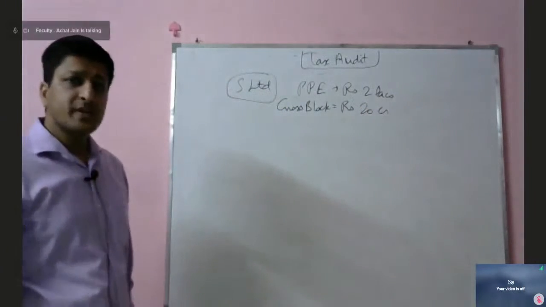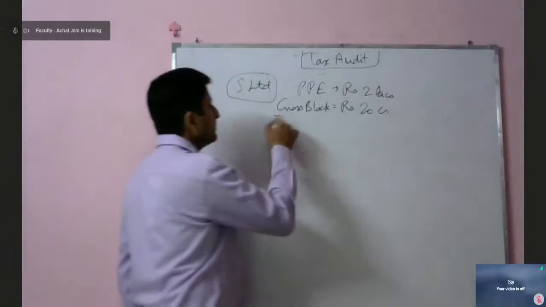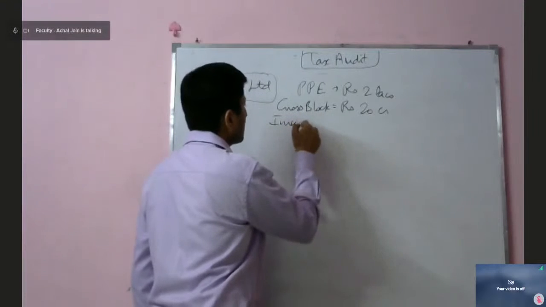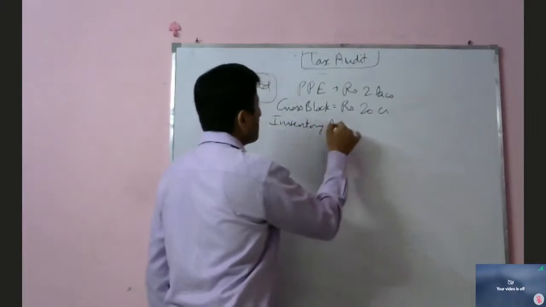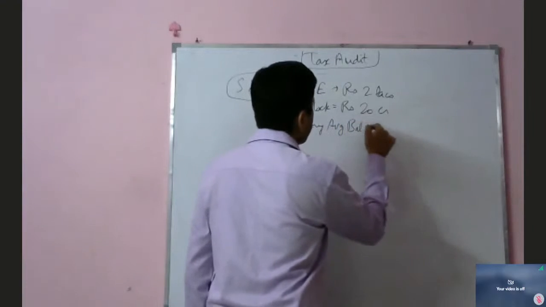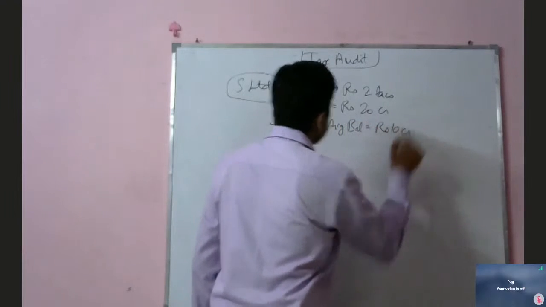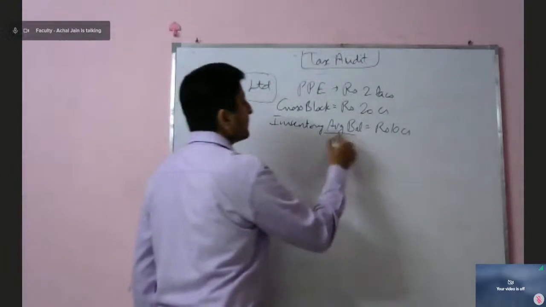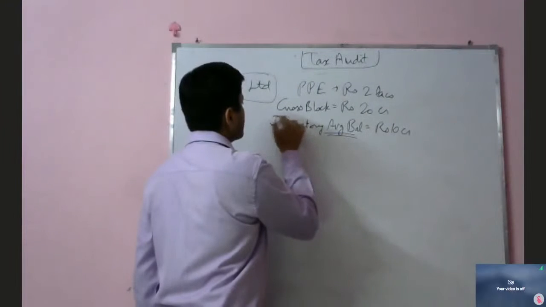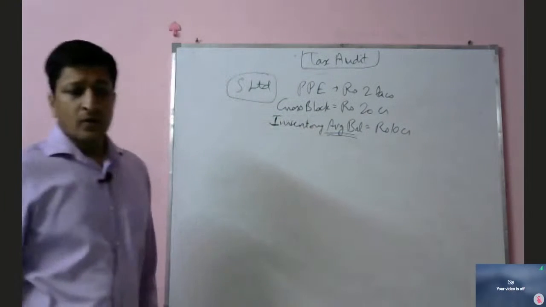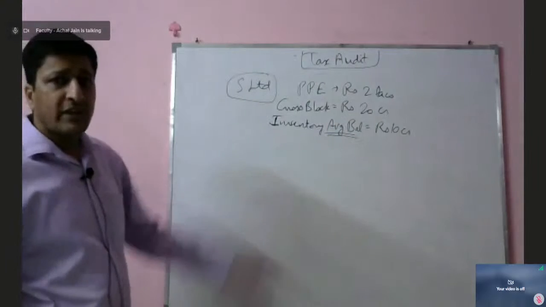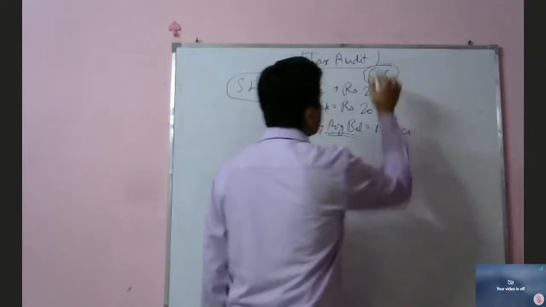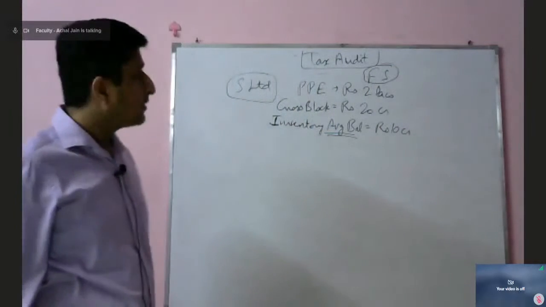Their average inventory balance is rupees 10 crore. So this is how the numbers in the financial statements stand. These have been picked up from the financial statements of the entity.